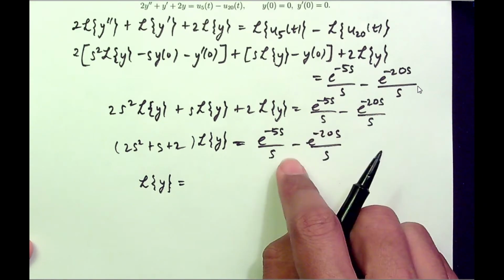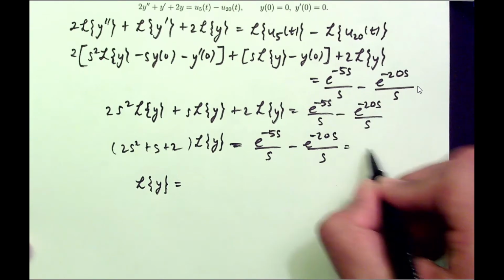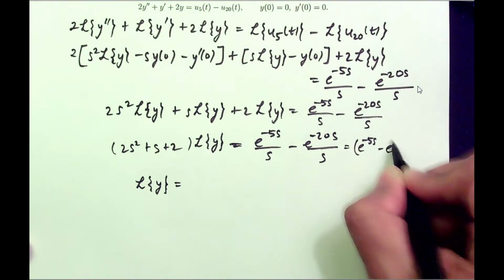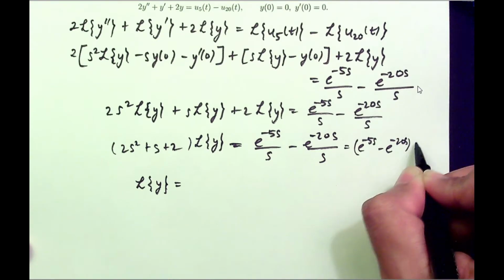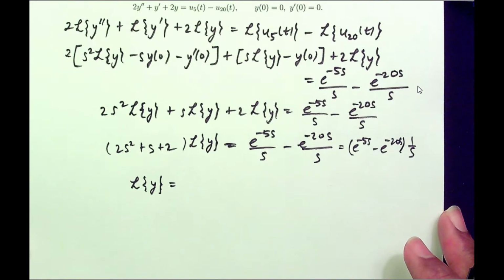I'm going to pull out a 1 over s from these. So this is like e to the negative 5s minus e to the negative 20s times 1 over s. I'm just going to do that to simplify it a little bit.